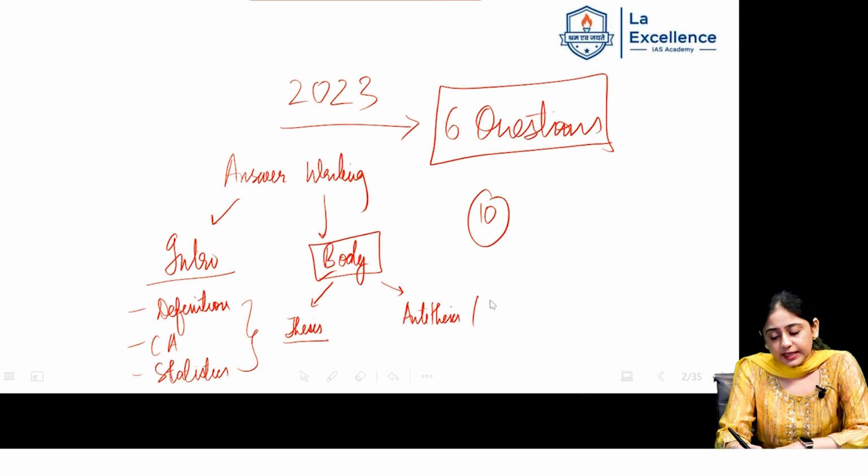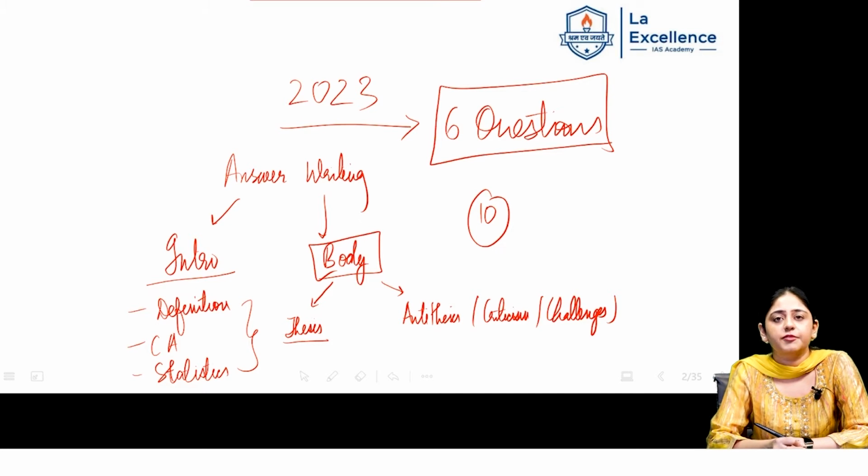Antithesis is the criticism or challenges part, or simply the other side of the argument. In UPSC, your answers have to be very balanced. Even if they're not asking about the other side of the argument, you always have to write it to make it balanced and comprehensive.